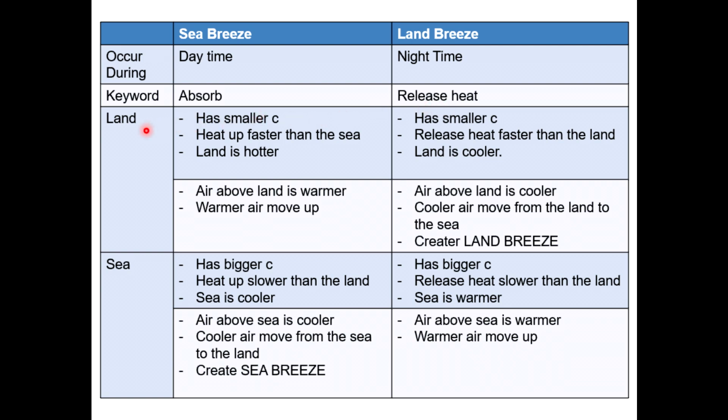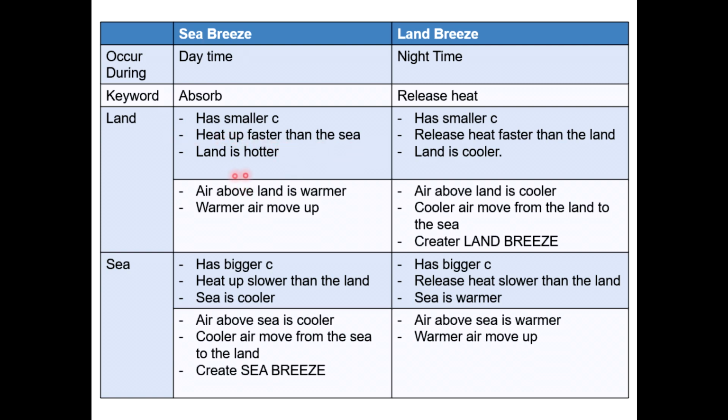The land will always have smaller specific heat capacity compared to the sea. The sea has bigger specific heat capacity. During daytime, since the land absorbs heat, the land will heat up faster compared to the sea.